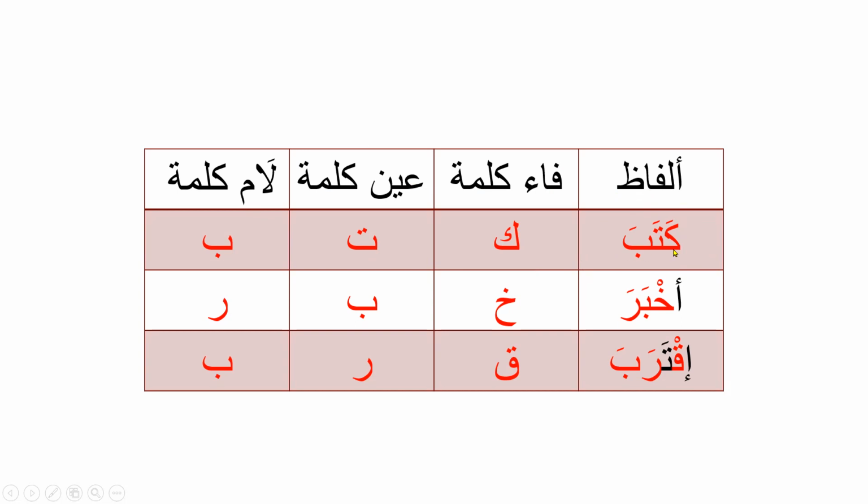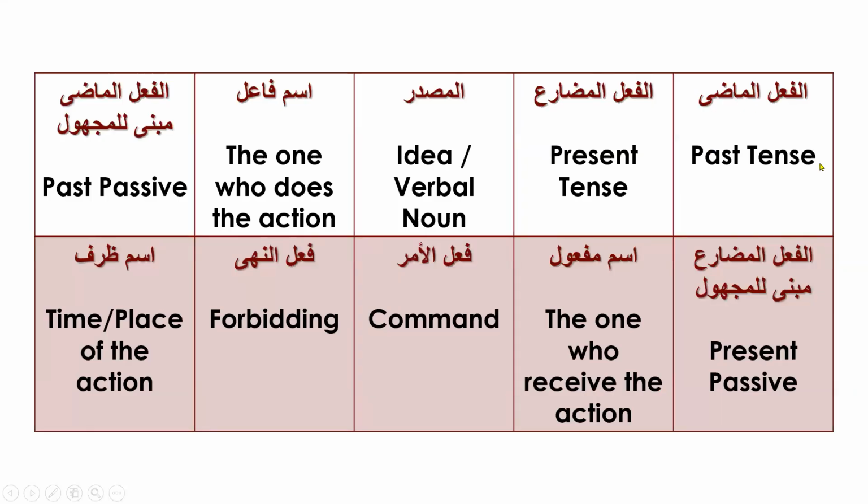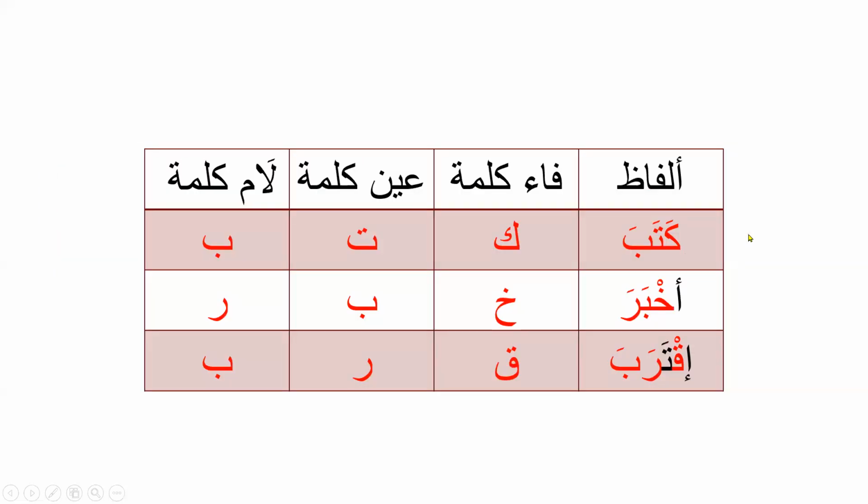As I have told you many times, by putting all the fathas on a family one word, we can make the past tense. So this is the past tense, a first family member, fi'l madi. In Thulathi Mujarrad, it is made by just putting the fathas on all three letters, and these are the root letters. Now look at this word, akhbara.